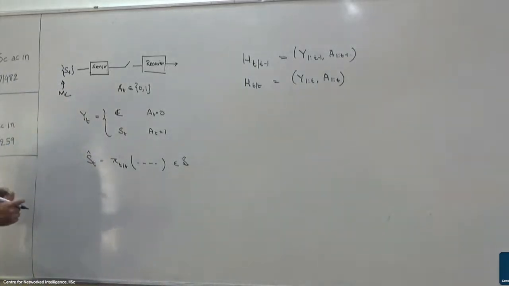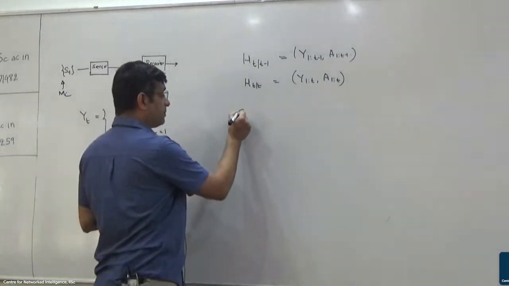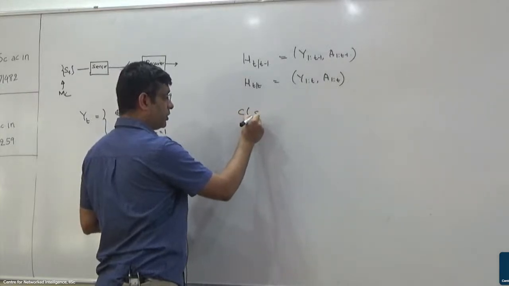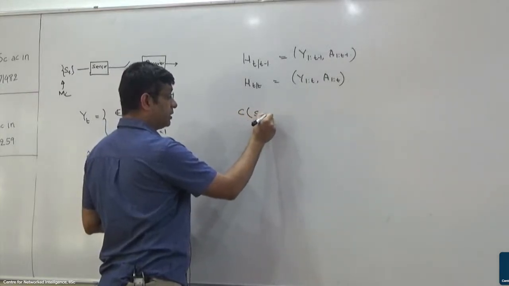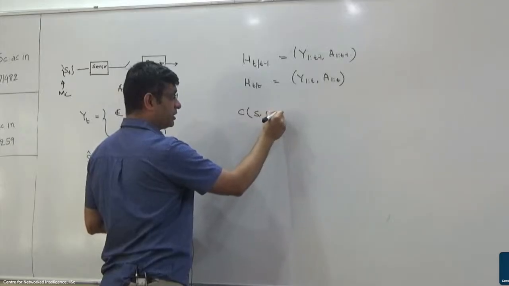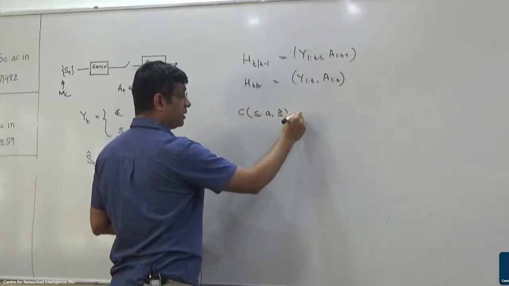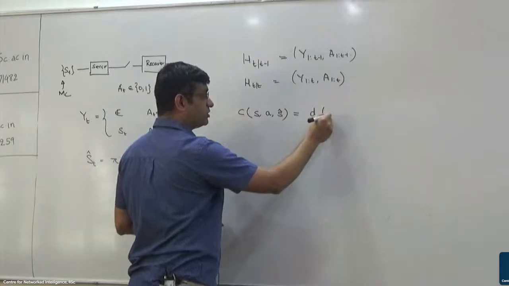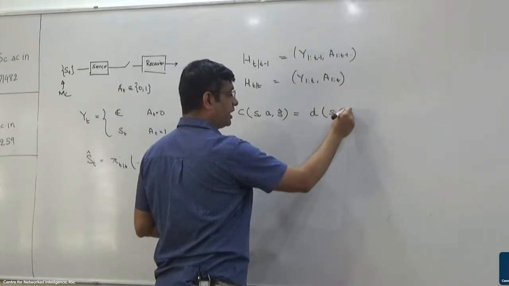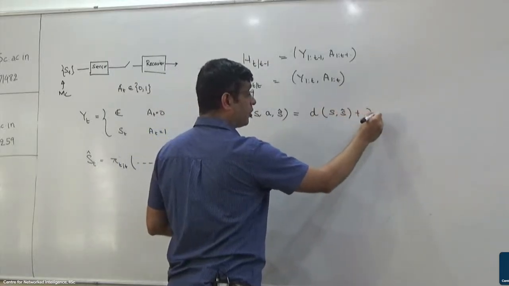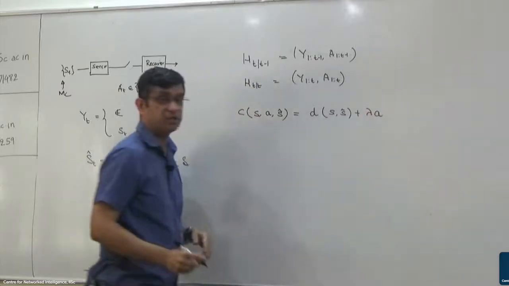And I am going to assume that I have a per step cost, which depends on the state, the action that is taken, and the estimate that is generated. And this cost is some kind of distortion between S and S hat plus some cost if I take a measurement.